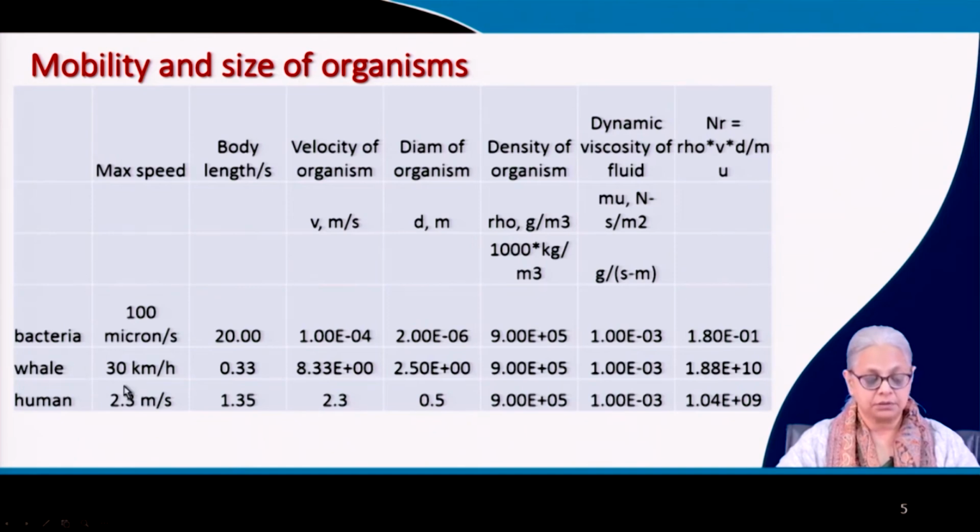For a whale, it's 30 kilometers per hour, and for a human being, it's 2.3 meters per second. I can convert that to body length because I know the length of the organism. So if I want to compare how fast these organisms move, you can see that the bacteria is moving 20 body lengths per second.